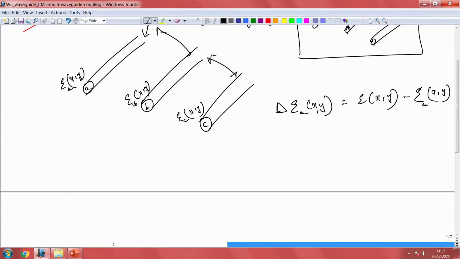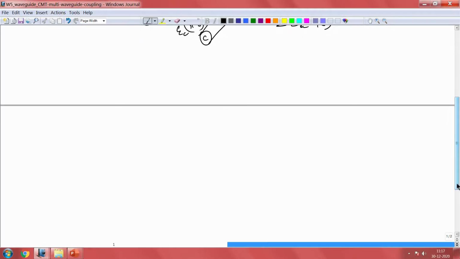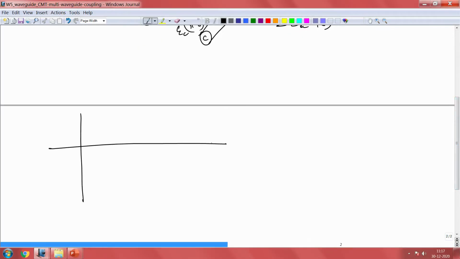This is the perturbation that we have in the system. For all practical purposes, let us look at a very simple waveguide geometry. I have a waveguide with epsilon having a function something like this. Now you can see, as a function of x, the epsilon looks like this. There are two waveguides here.